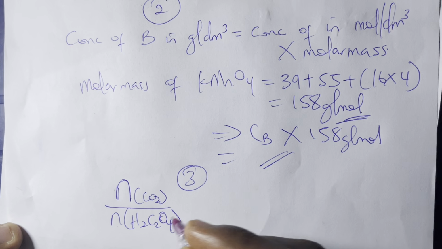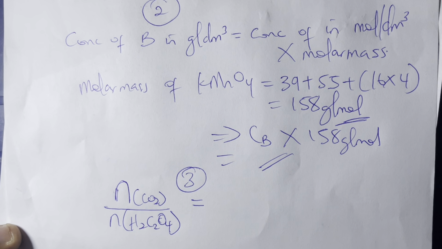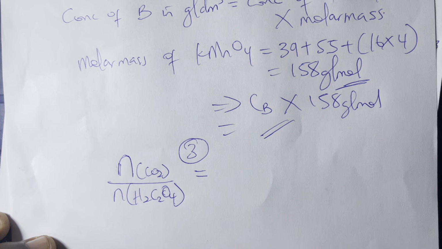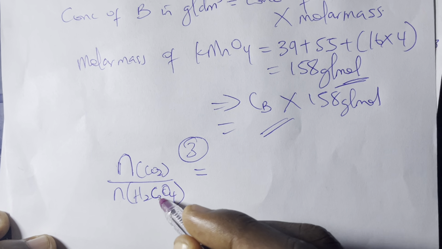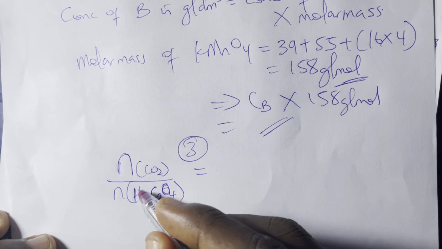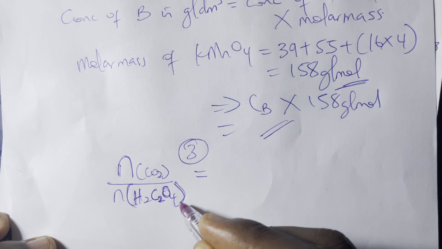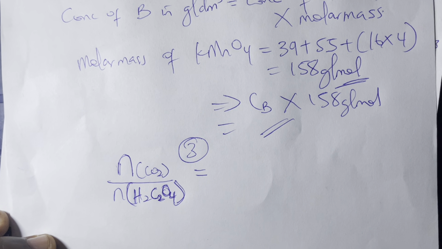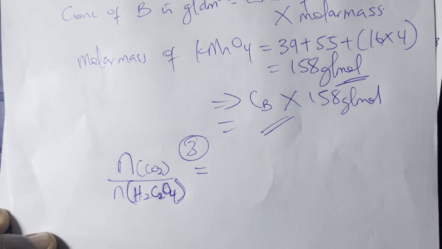H2C2O4. Remember that the CO2 was evolved from the acid, which is the A, sorry, from this guy, that is ethanedioic acid.